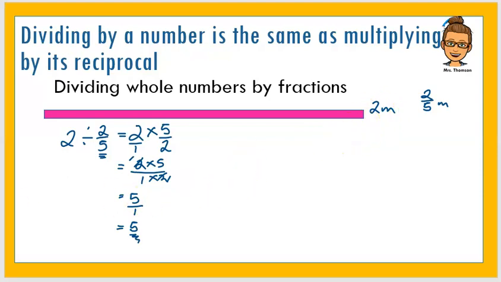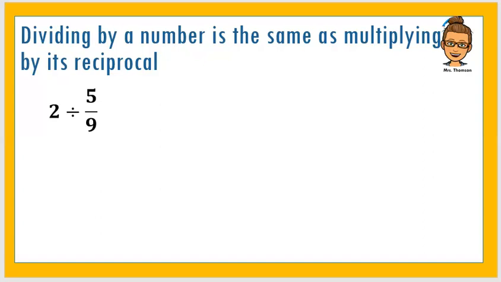All right, let us look at another one. Let us look at this case. We have 2 divided by 5/9. Now remember the rule. When we're dividing by a number, it is the same as multiplying by its reciprocal. So 2 divided by 5/9 is going to be 2 multiplied by 9 over 5. And remember, a whole number 2 is the same as 2 over 1.